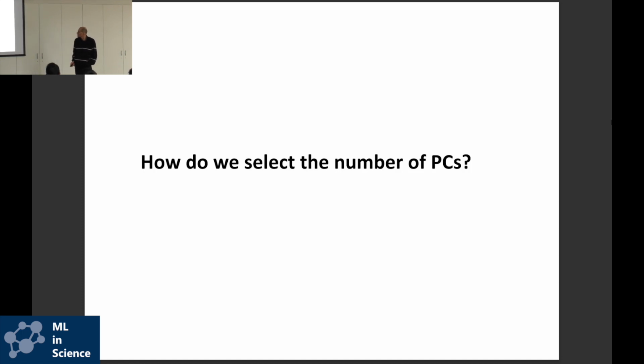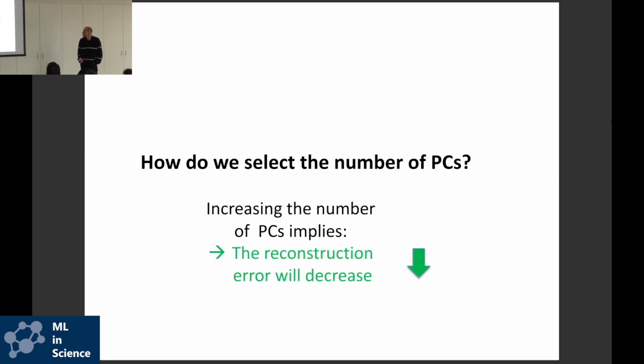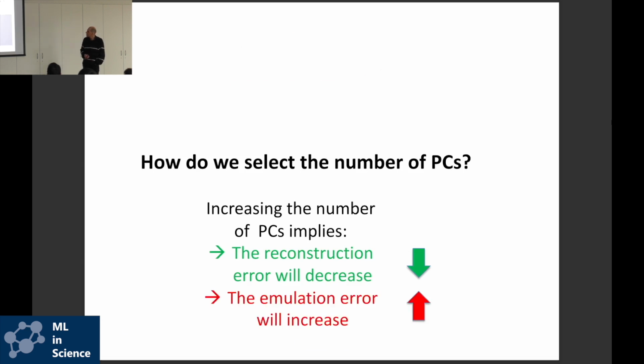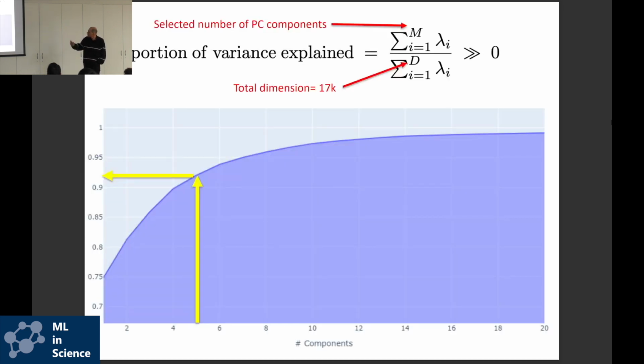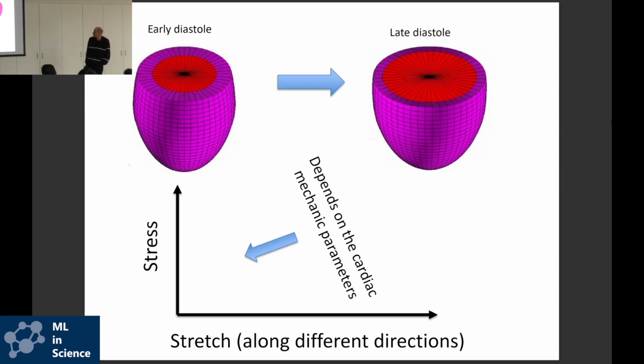Number of principal components. Well, if you use more components, you have a reduction in the reconstruction error of the left ventricle, but an increase in the emulation error. So that needs to find the right trade-off. We just used this pre-plot and then took the number of components that gave us over 90% of the variance. That gave us 5 components. And then if we look at the stretch behavior, we are comparing now the true curve.